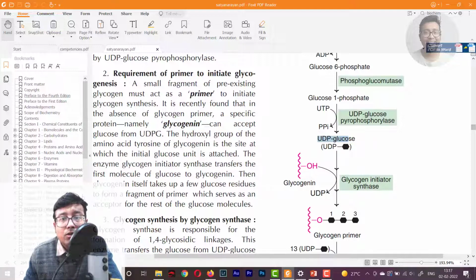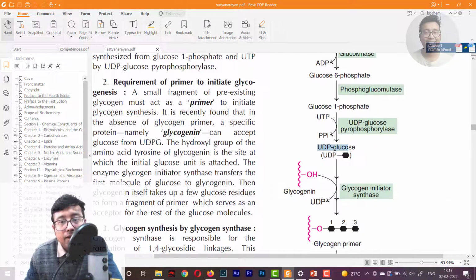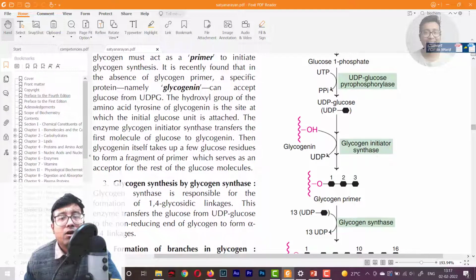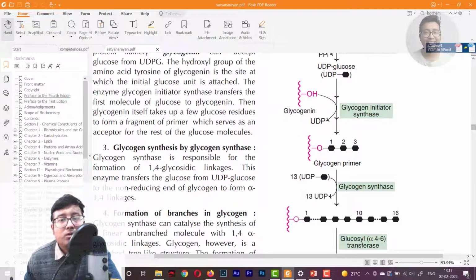So first glucose needs to combine with UDP to form UDP glucose. Okay, and then this UDP glucose will break down and UDP will be gone, and this glucose molecule that is shown in black will be added one after another to the existing glycogen primer or glycogenin in order to produce a bigger molecule of glycogen.